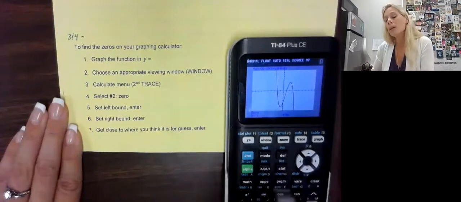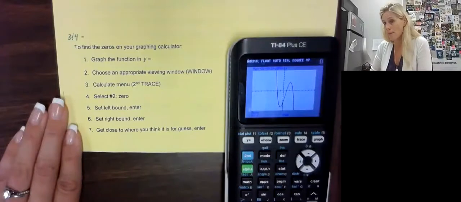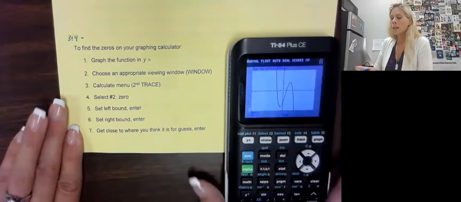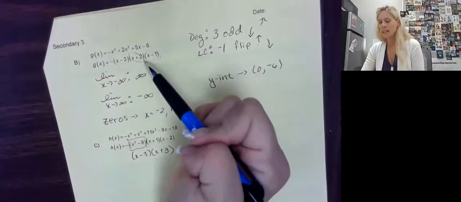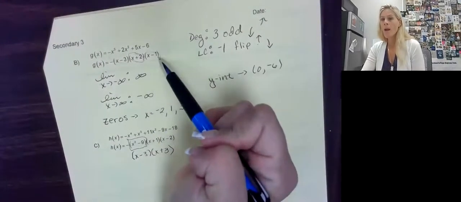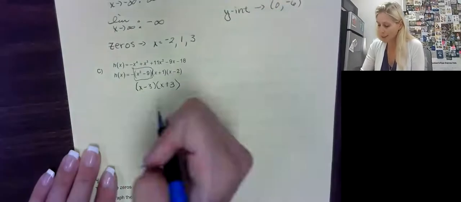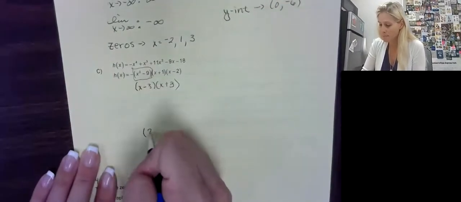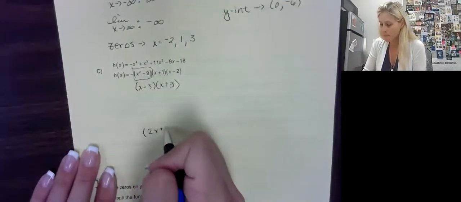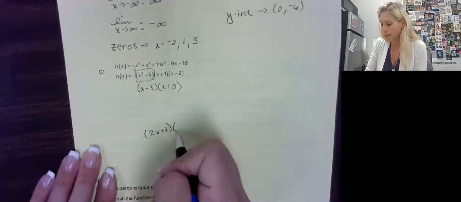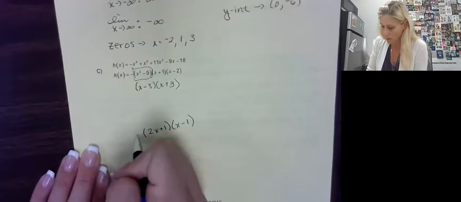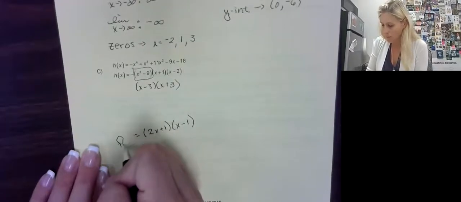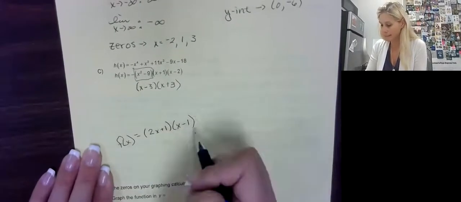This is something we'll get used to throughout the year, so don't worry if it's not a big thing right now, because if you have it in factored form, we can just set each part equal to 0. For those of you who have questions like this, and you're trying to find the zero: of course, yes, this one's easy to see, right?